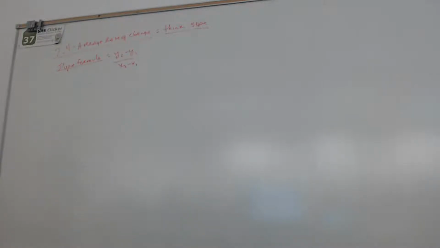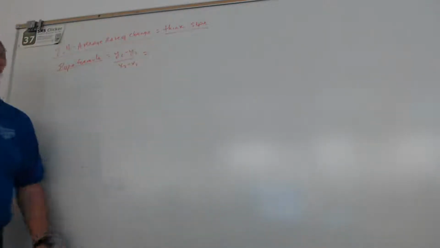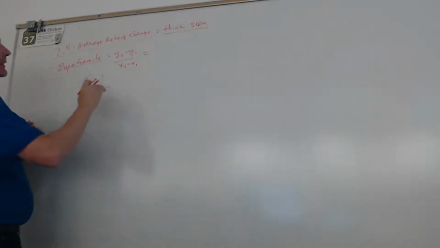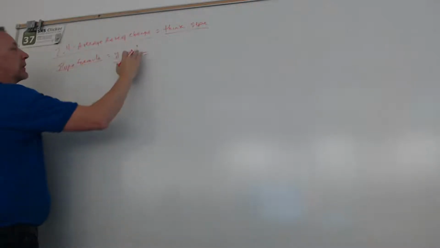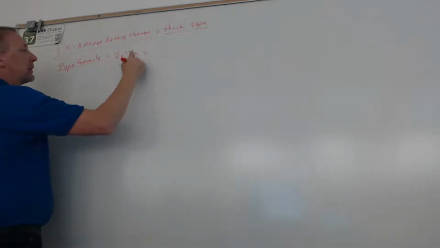Now, if I change that to have functional notation for the y, instead of using 1s and 2s, I'm going to use an a and a b. I'm going to change this to a and b. Haven't really done anything different except change the letters, right?